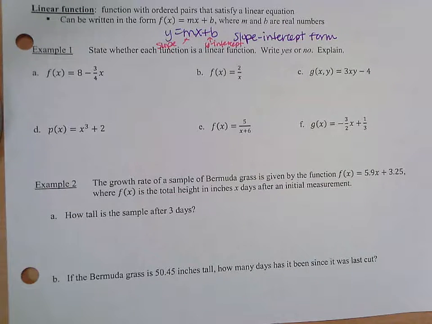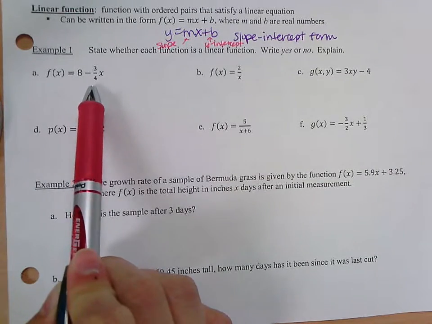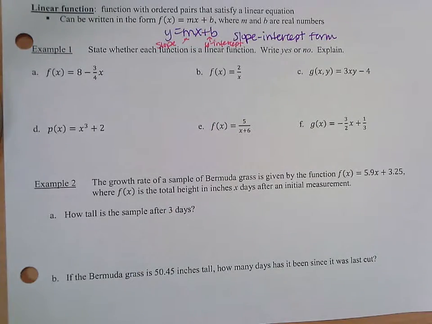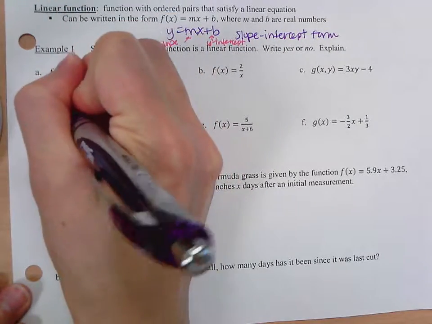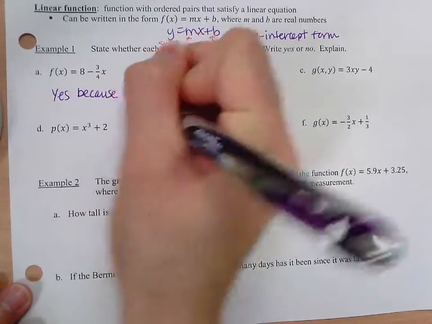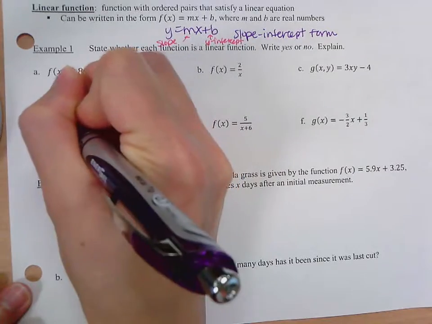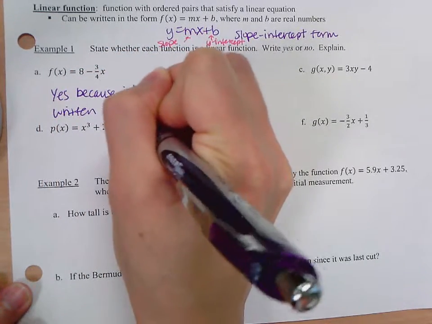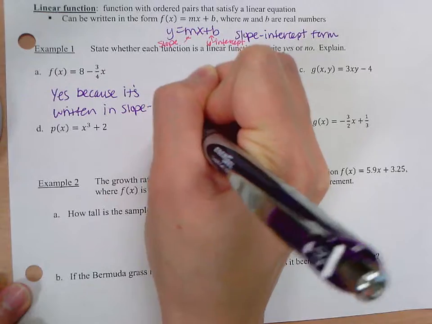I see some yeses. Maybe you're not 100% confident, but yes, it is. So the negative 3/4 x, that's your mx, and then the 8 is your b. So I'll just say yes, because it's written in slope-intercept form.